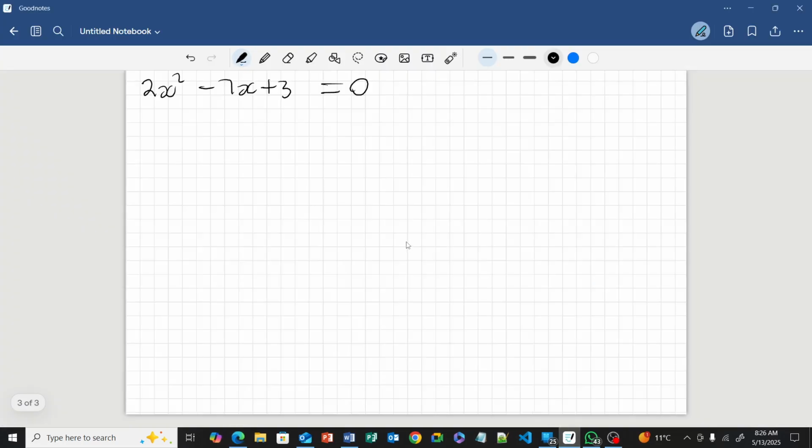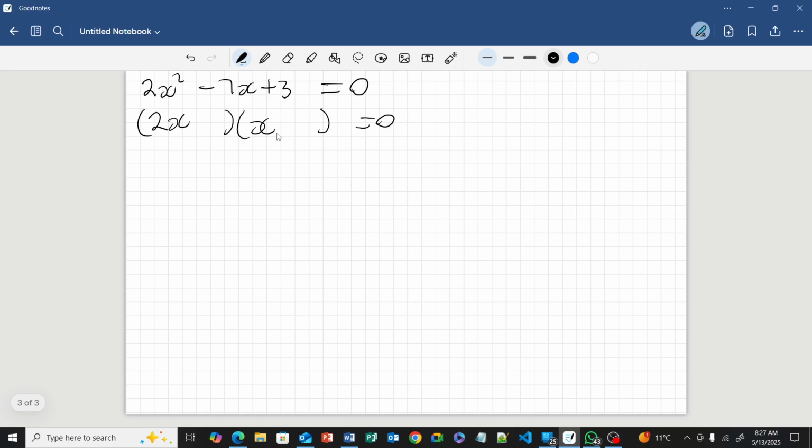Now we need to factorize this, okay? So firstly, I'll start by opening the 2 brackets, then equate them to 0, right? Now, because of the nature of this, this will have to be 2x, then this will have to be x.